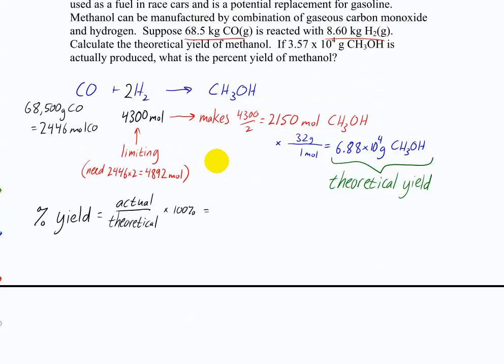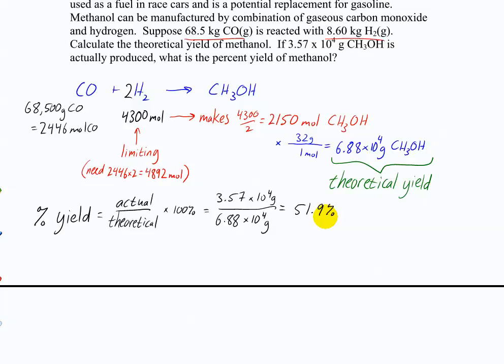So in this case, that's 3.57 times 10 to the 4th grams divided by 6.88 times 10 to the 4th grams, which is 51.9%. So we would report our percent yield as 51.9%.